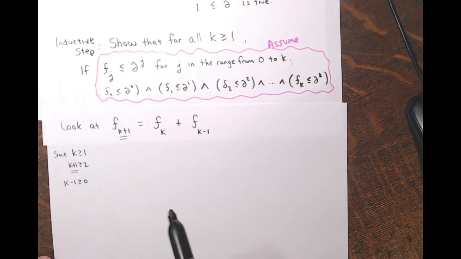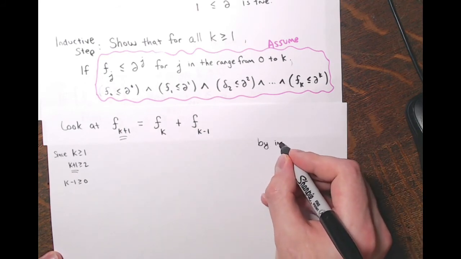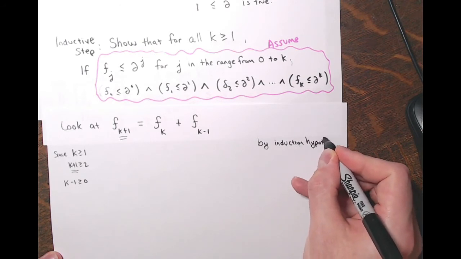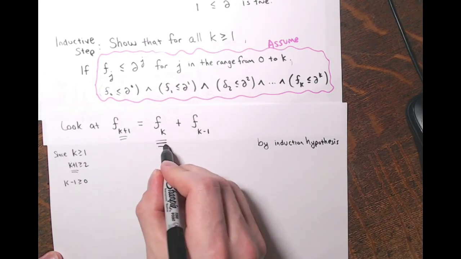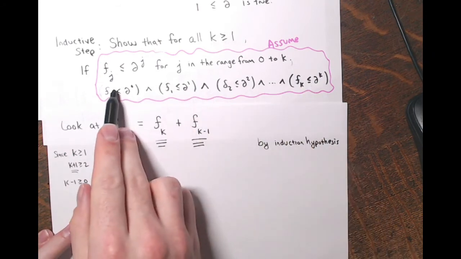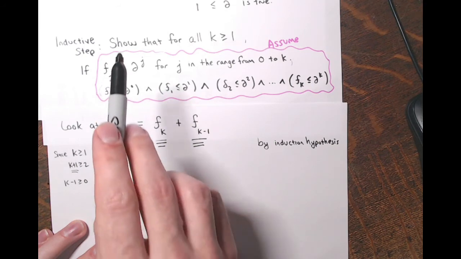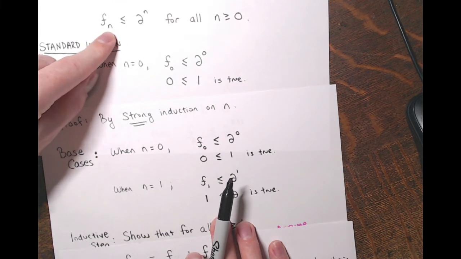Okay, now, here's where the induction hypothesis is applied. Now, this is strong induction. We assume the statement is true for all values of k, all values of j, really, all subscripts from 0 to k.